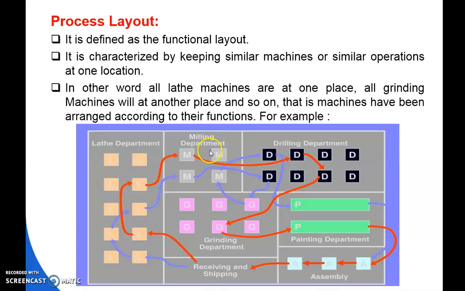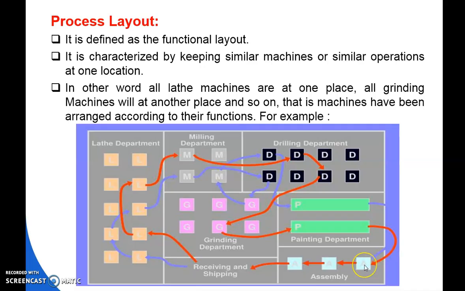All the milling machines are in the milling department. All the drilling machines are in the drilling department. All the grinding machines are in the grinding department. There is a painting department. There is a receiving and shipping and assembly.